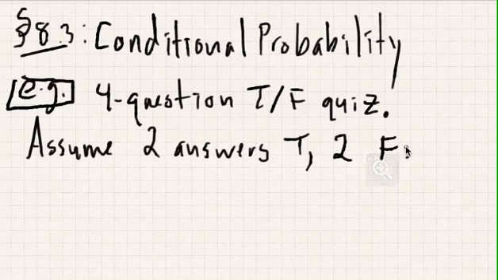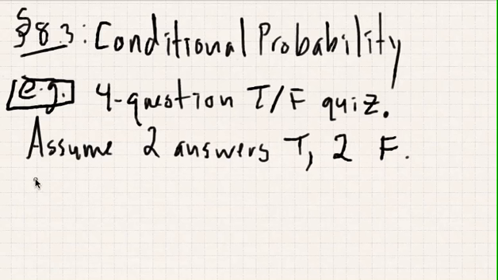To tell you the truth, that's actually not random. That's putting some structure on what the answers are, which is that 2 of them are true and 2 of them are false, and completely random would allow for all 4 to be true or all 4 to be false or 3 to be false or whatever. Anyways, let's just assume that this is what's going on.